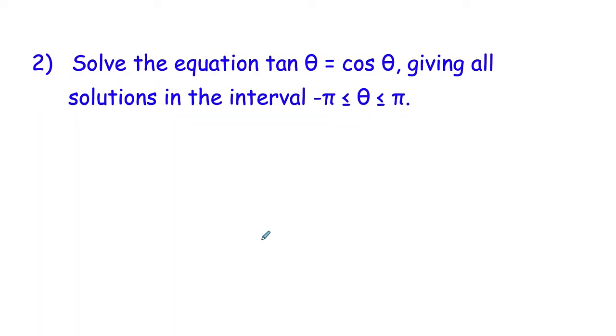Okay, different type of question. What I've not said so far is that the equations that we know are true, like sine squared plus cos squared equals 1, and that sine theta divided by cos theta is equal to tan theta, are still true in radians.